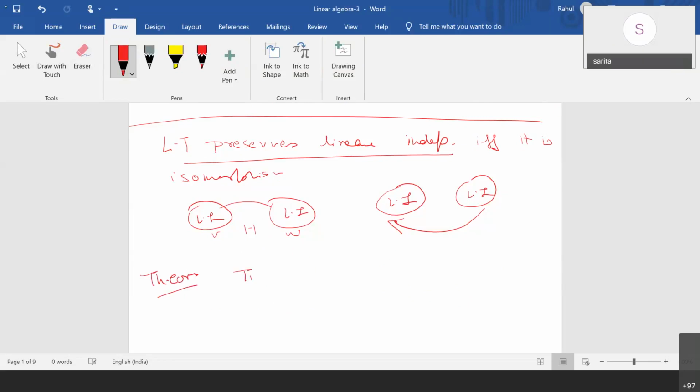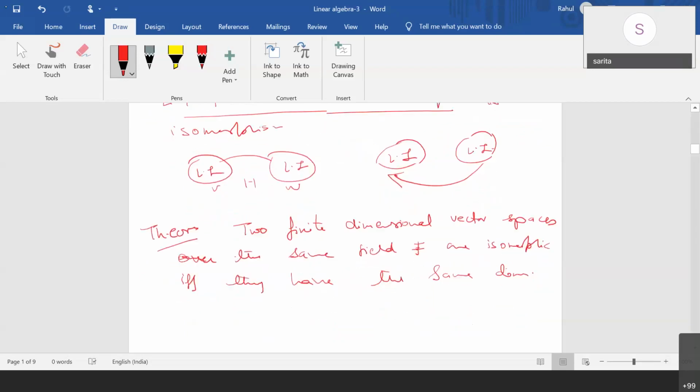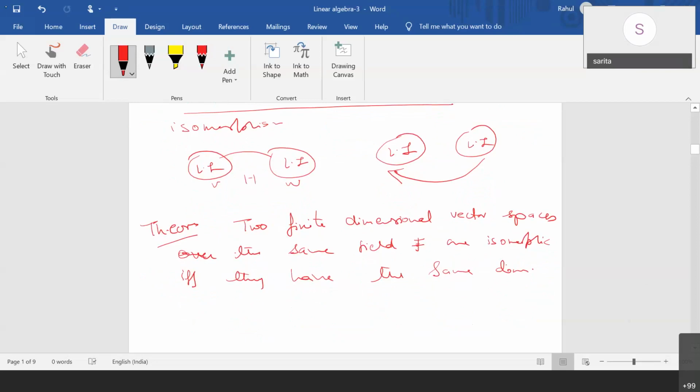The theorem says two finite dimensional vector spaces over the same field F are isomorphic if and only if they have the same dimension. Till then you can just try to prove it. I have a proof for this.